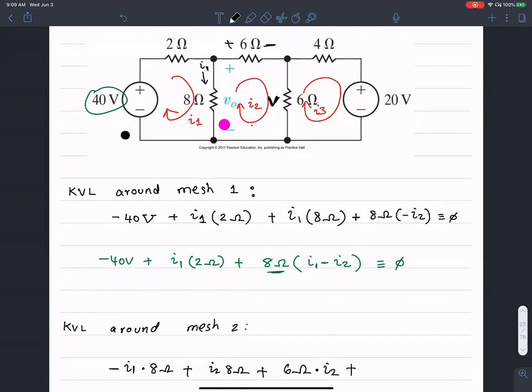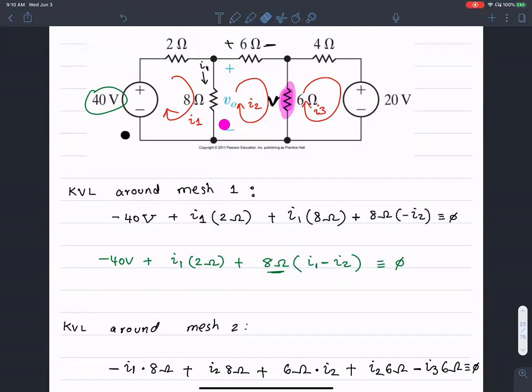Then for this resistance here, there's a current of I2 flowing along my clockwise direction through 6 ohms, and I3 flowing opposite to that direction. All of that equals 0. So for this resistance, following my clockwise path, I2 is along this clockwise path, and I3 is opposite to that.